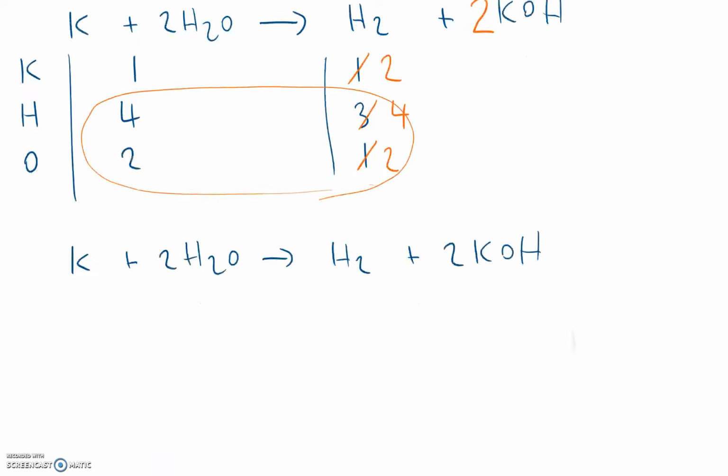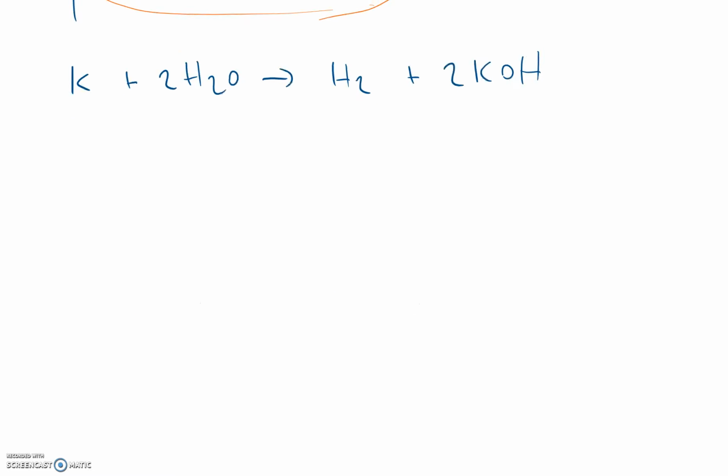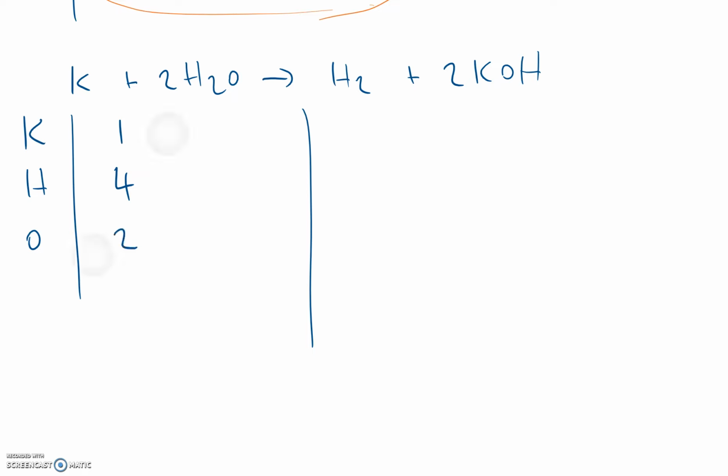And then I repeat this, and there'll be another step where I set up my columns. I write down all of the elements on the left, and then I write down how much I have of each. 4 hydrogen, 2 oxygen on the left. On the right, I now have 2 potassium, I have 4 hydrogen and 2 oxygen.